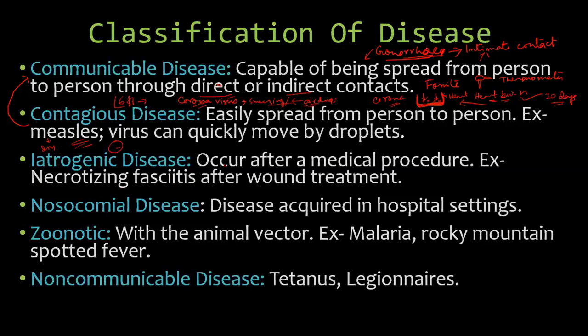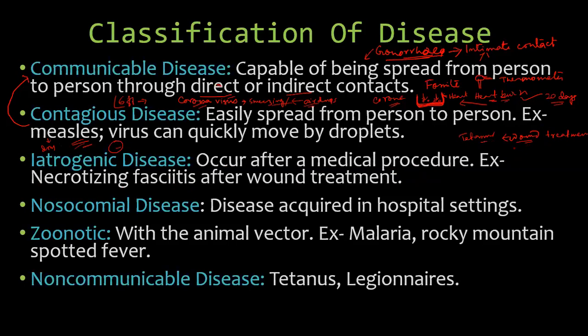Iatrogenic disease occurs after a medical procedure. Medical procedure, like let's say you are in the hospital for wound treatment. They cleaned the wound, did everything, but after that treatment you got tetanus.